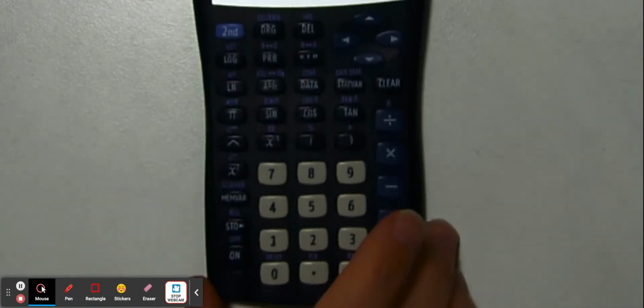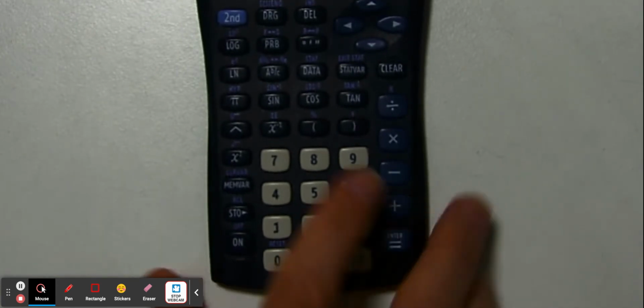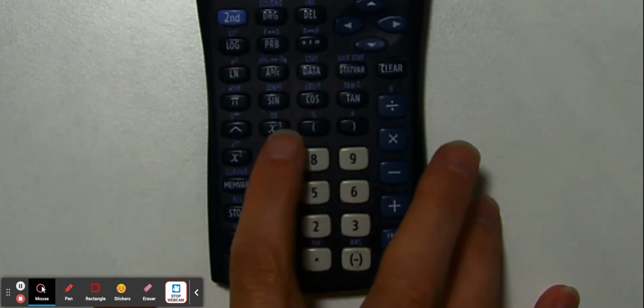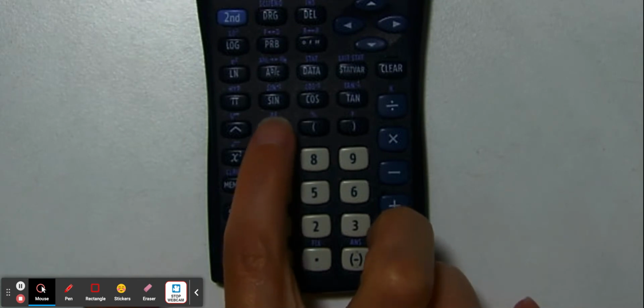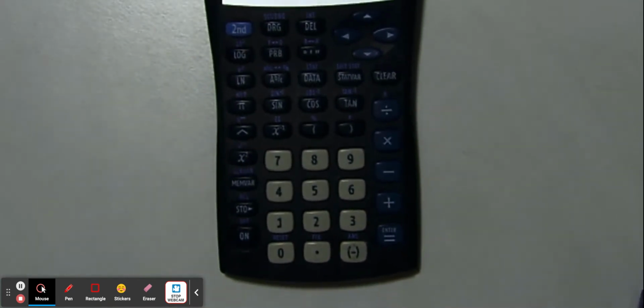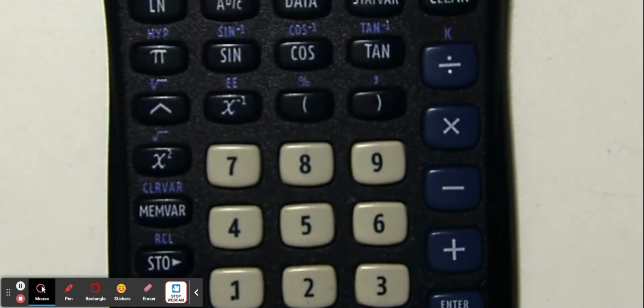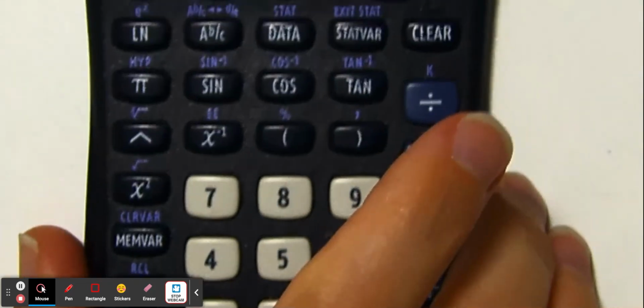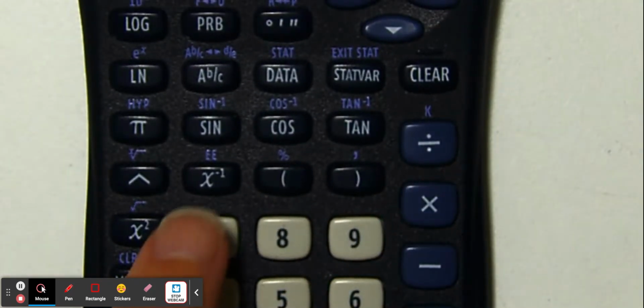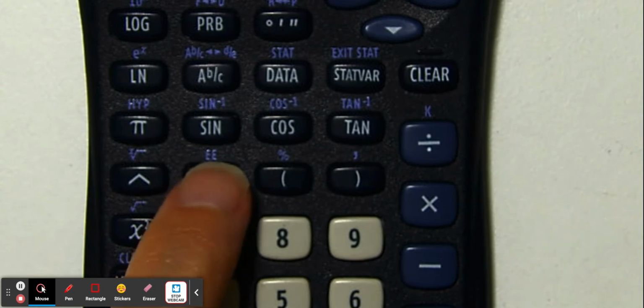The button that you're going to want to be very familiar with is this EE button right there. Let me zoom in a little bit so it's clearer. There's that EE above the button.